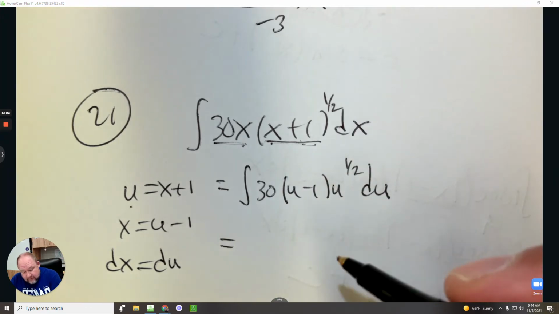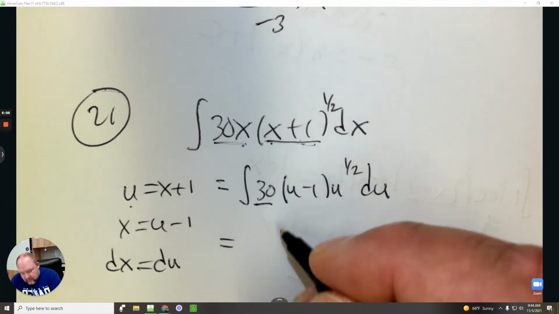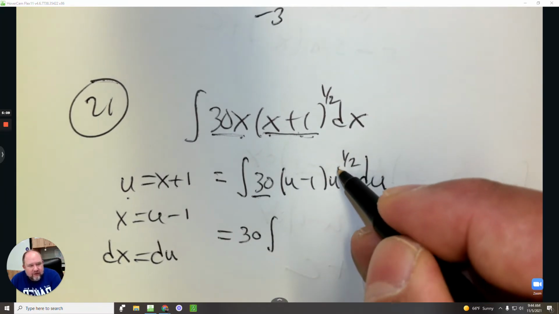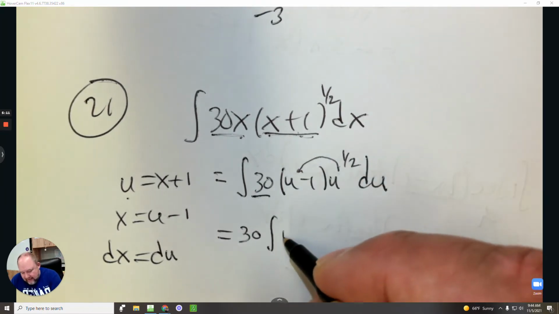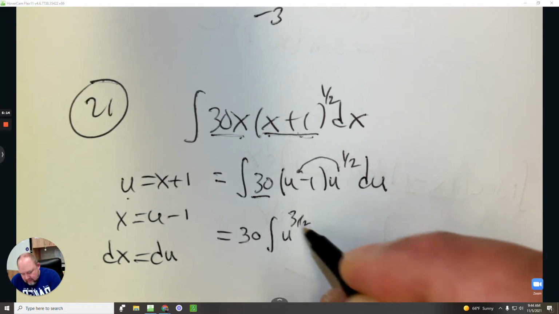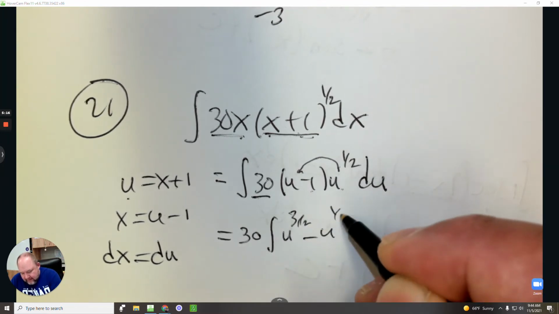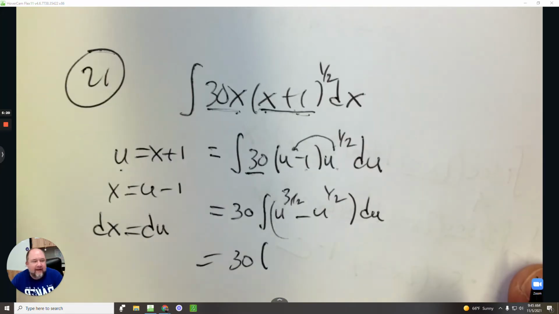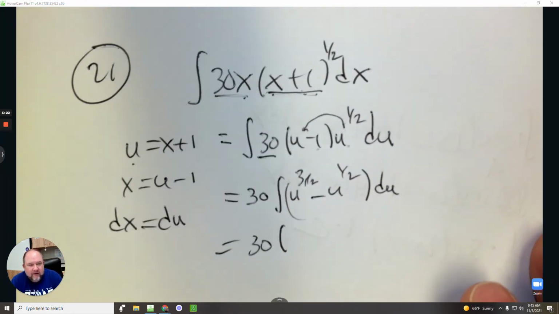Now we're going to distribute. This 30, if we want, can go in front. Get it out of the way. U to the half times u. You add the exponents. Negative 1 times u to the half. And then at this step, we can do the integration rule.